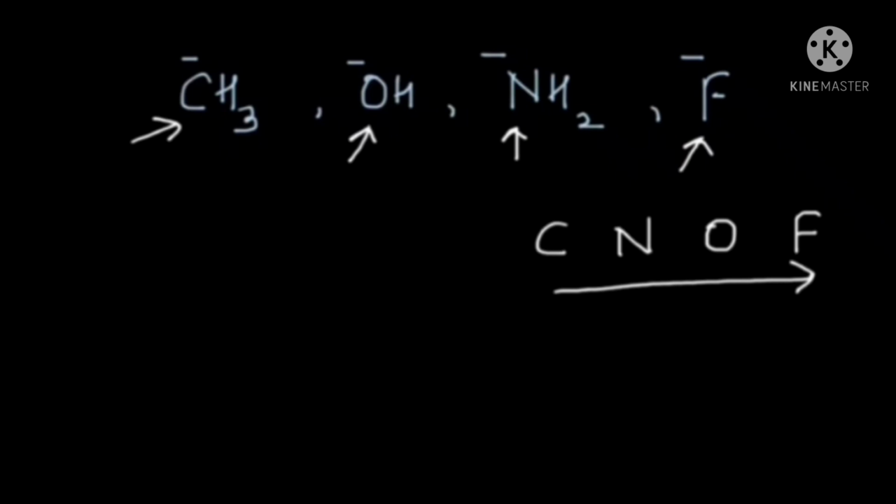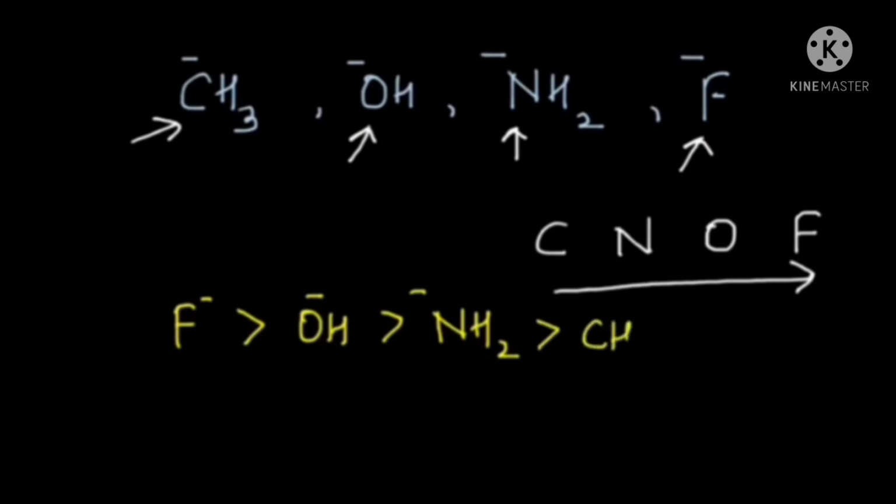So the order of stability will be F minus is more stable than OH minus, which is more stable than NH2 minus, which is more stable than CH3 minus. This is the order of stability.